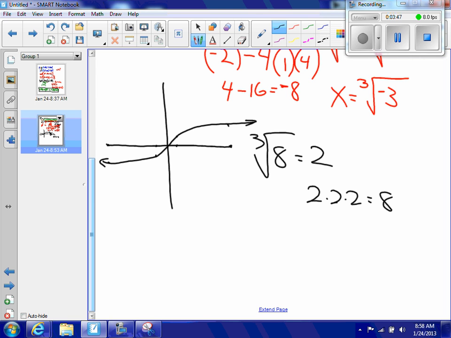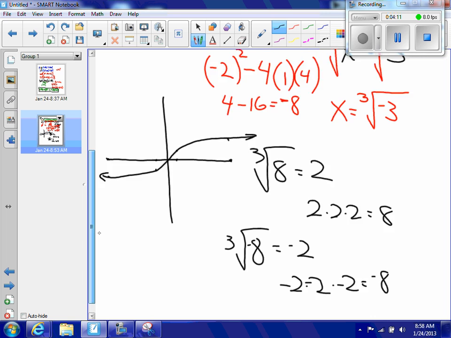Well, what about the cube root of -8? Well, that's equal to -2, because -2 times -2 is +4, times -2 is equal to -8. So you can have a cube root of a negative number.